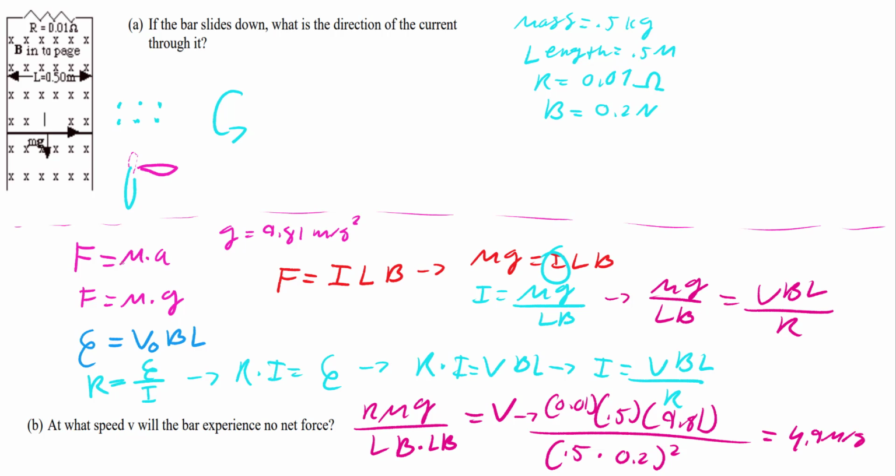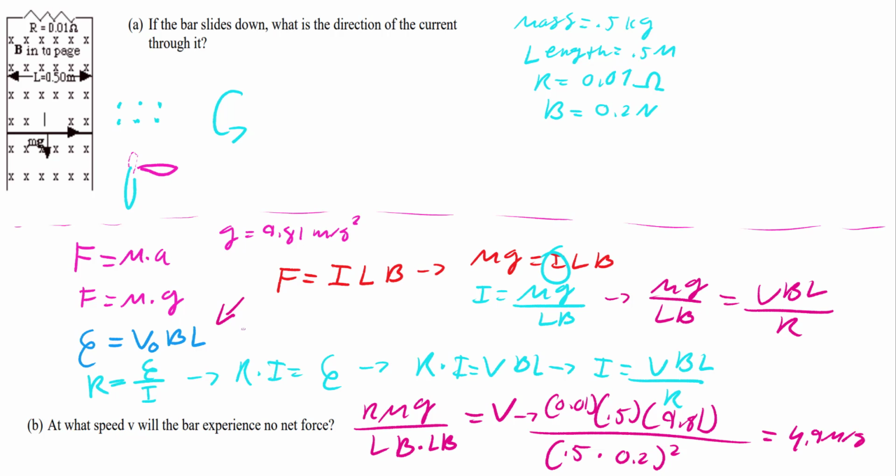But I just have a mass right now, but I remember that I have velocity, I have a B field, and I have a length. So those are my recipe for the EMF, which is the voltage. And we could say that EMF is just equal to velocity times B times L. But then I remember that EMF is the same thing as voltage, and in Ohm's law, it says that the resistance is equal to the EMF divided by the amps.